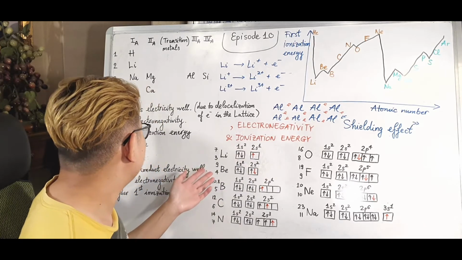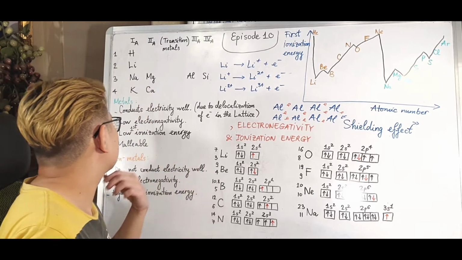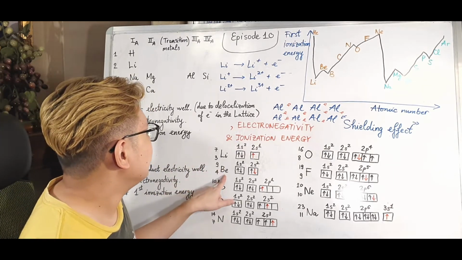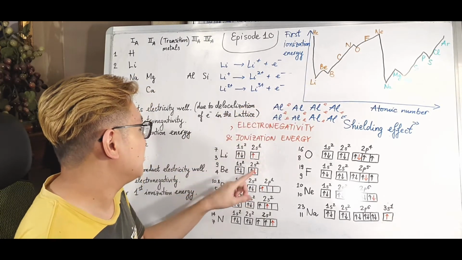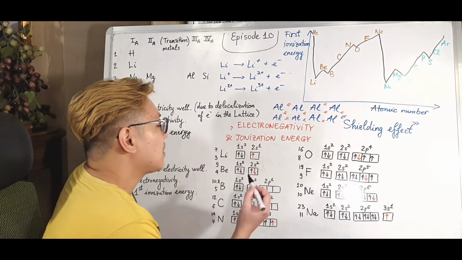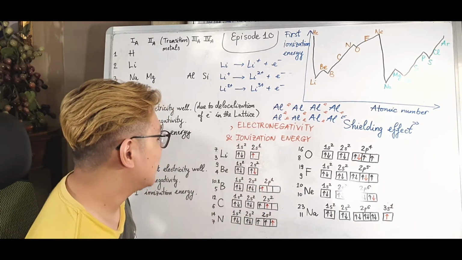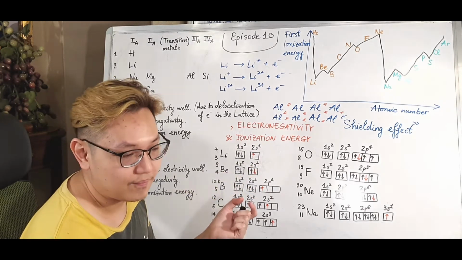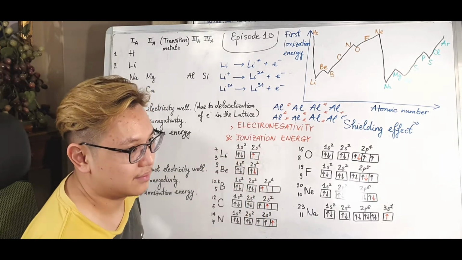Now, as you move to beryllium, the first ionization energy increases because now these electrons are the ones that need to be removed, and since this S subshell is full already, it's more difficult to remove this electron.